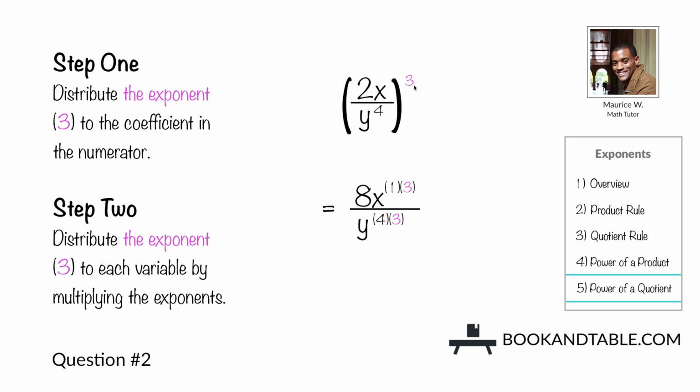So this exponent 3 gets distributed to x to a power of 1, which gives us x to a power of 1 times 3, which is x cubed. y to a power of 4 raised to a power of 3 gives us y to a power of 4 times 3, which is y to a power of 12 in the denominator, giving us a final answer of 8x cubed divided by y to the 12th for question number 2.